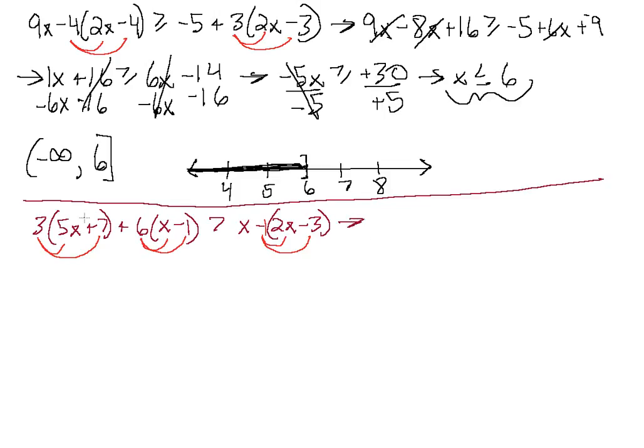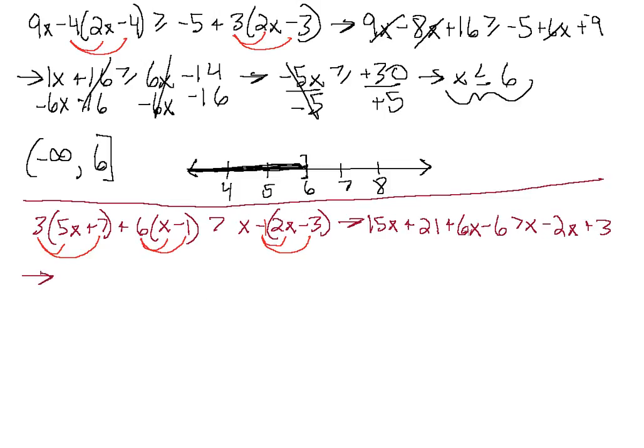All right, so we have 3 times 5x, which is 15x. 3 times 7 is 21, plus 6 times x, which is 6x, and 6 times minus 1 is a minus 6. We have our greater than sign. On the other side, we have x. Minus 1 times 2x is just minus 2x, and minus 1 times minus 3 is plus 3. Negative times negative gives us a positive.